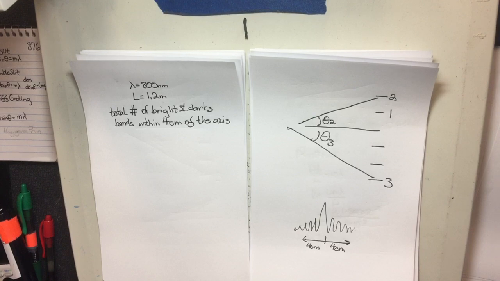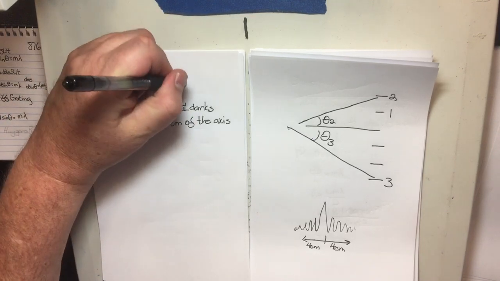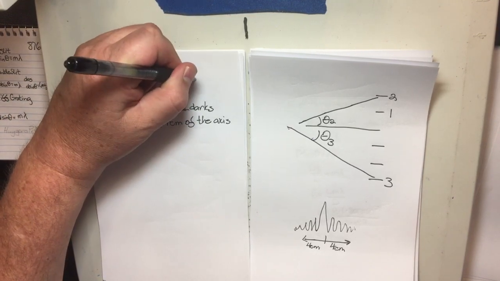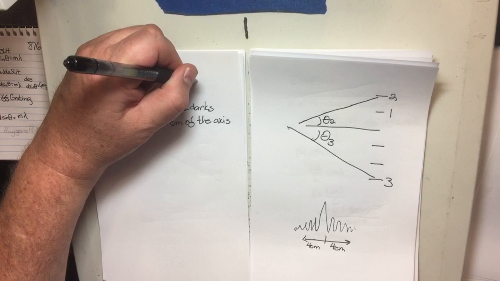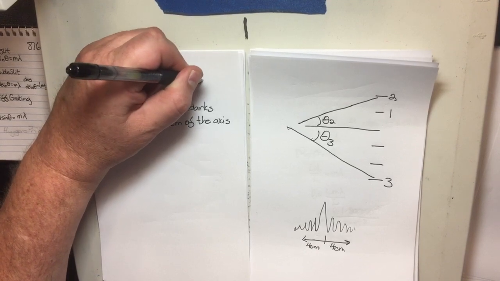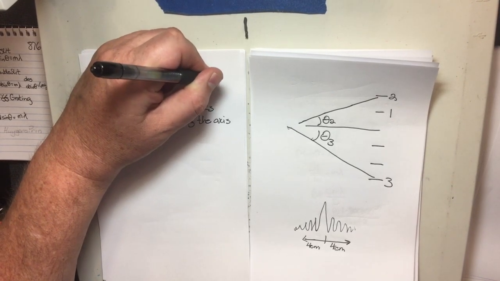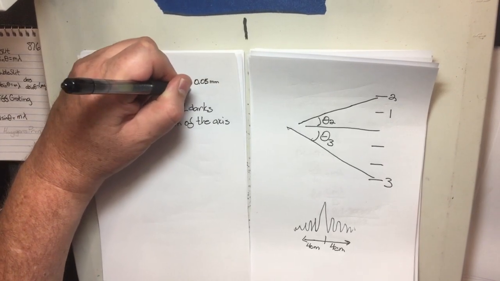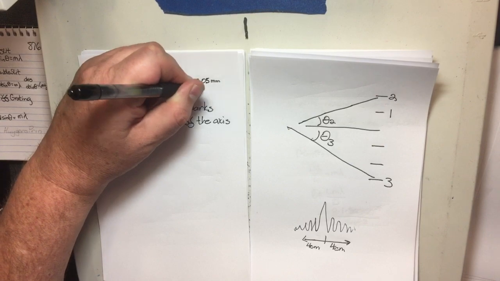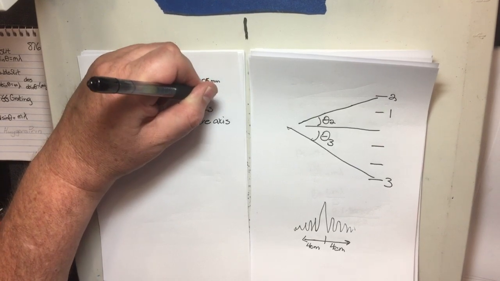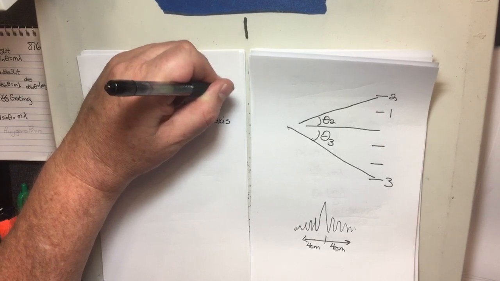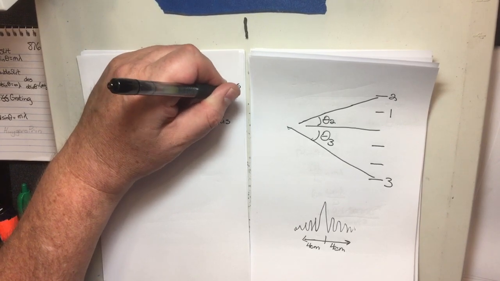Yes, we're doing double slit. When you're counting brights and darks, this is a double slit. Little d, the distance between the two, is 0.05 millimeters. So this is 5 times 10 to the negative 2 millimeters, or 5 times 10 to the negative 5 meters.